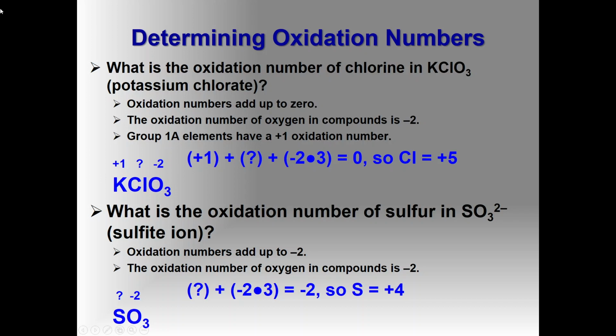So, looking at these 2 questions that we just did, the oxidation numbers must add up to 0 because it's a compound. The compound has no charge. The oxidation number of oxygen is always going to be -2. Group 1A always has +1 as an oxidation number, so you just figure out what chlorine is.